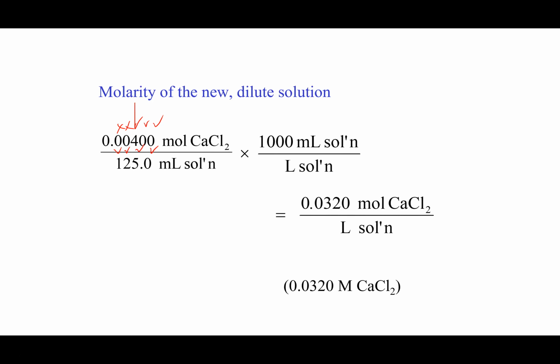Like I told you before, I get tired of writing explicitly. You're probably going to see me go 0.0320. That gives me 3 sig figs. Big M for molarity, that's what I was after. And my solute is CaCl2. The ratio up there is writing it explicitly. So this was not significant. 1, 2, 3. Yep.